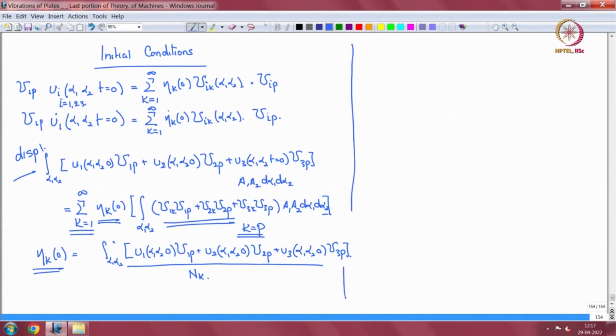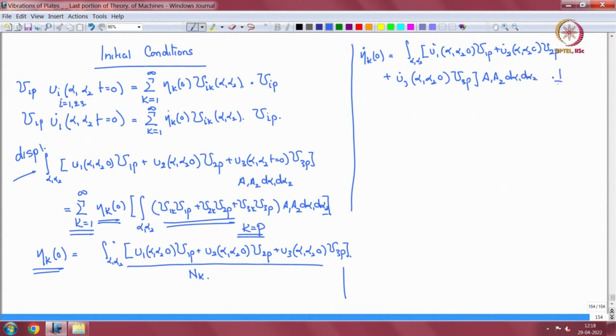Similarly, I can get my eta k dot 0, that will be integral alpha 1 alpha 2 of u1 dot alpha 1 alpha 2 at 0 u1p plus u2 dot alpha 1 alpha 2 at 0 u2p plus u3 dot alpha 1 alpha 2 at 0 u3p a1 a2 d alpha 1 d alpha 2 divided by Nk.